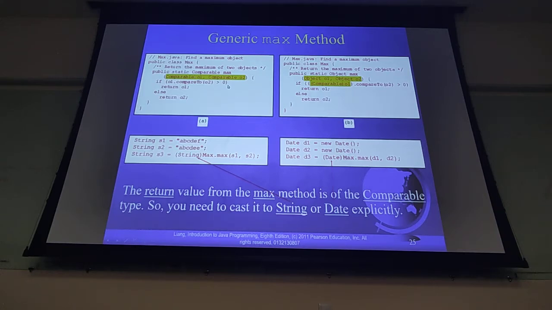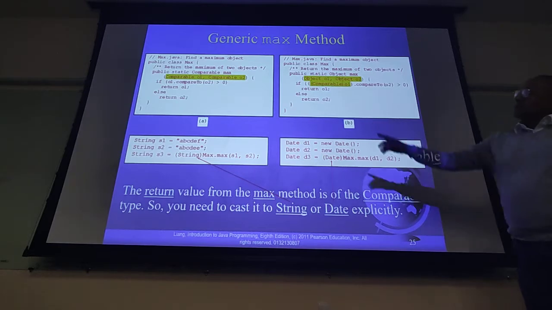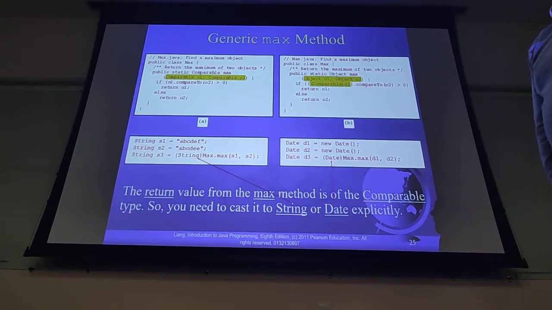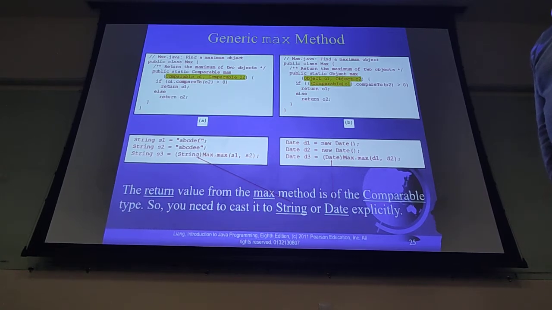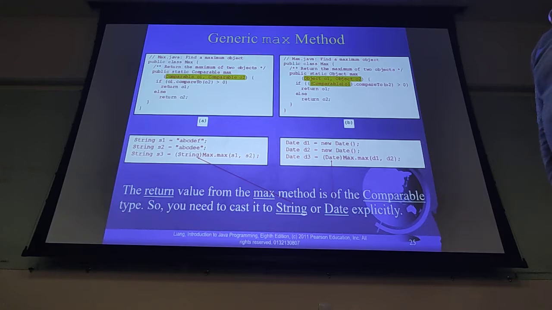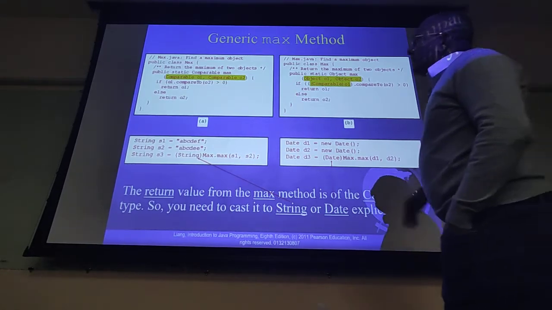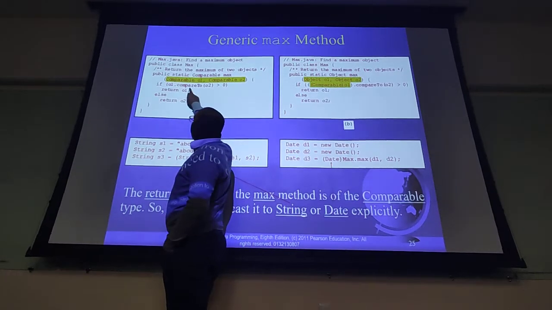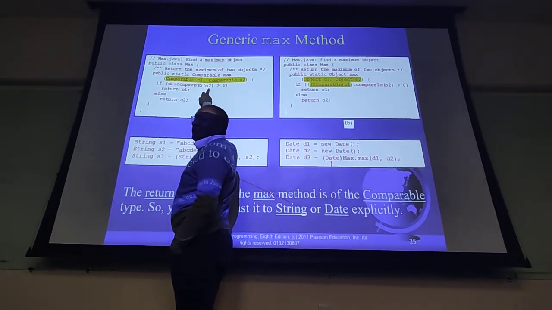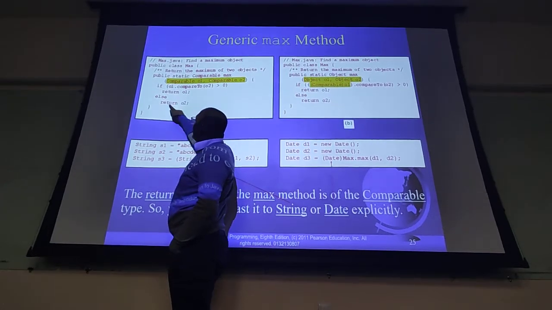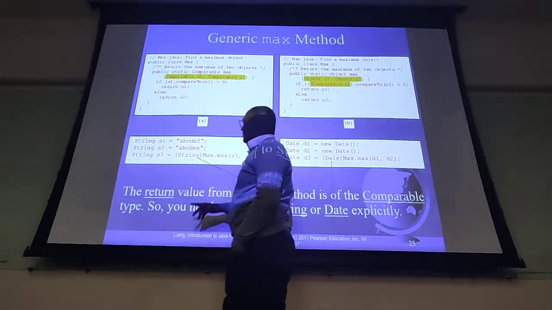Okay, what do you understand from this? Object can also be returned. Public class Max has a public static Comparable max. It has two parameters, o1 and o2. Here we compare o1 with o2. Do you understand this? Yes. If o1 is greater than o2, return o1, otherwise return o2.